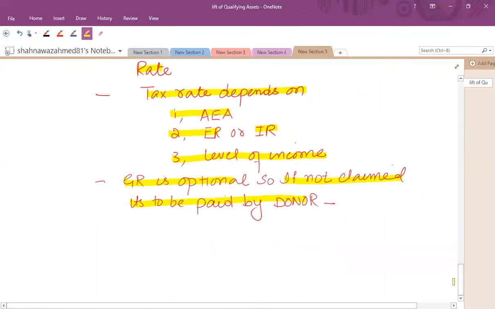So we have to consider from the donor's point of view whether it will be advantageous for the donor to pay. For example, if the donor is eligible for ER or IR, then it is beneficial to pay the tax. But if the donor has AE available and has no other income, then it is also beneficial, because then the basic rate is to be used.